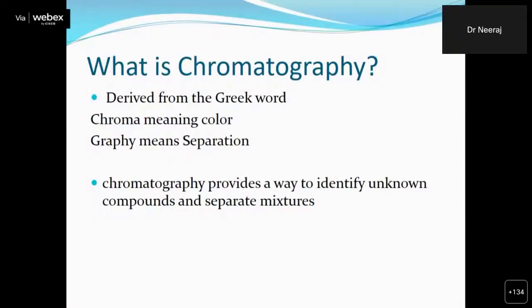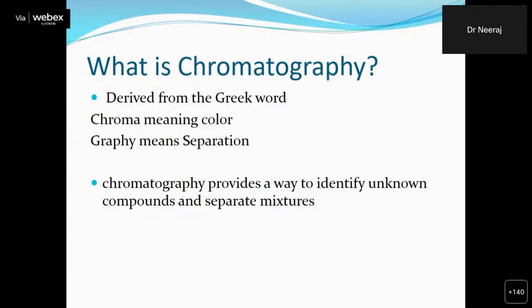So what is chromatography? As the name suggests, it's derived from the Greek words chroma and graphy. Chroma means color, and graphy means separation. So it can be defined as the separation of compounds in a mixture, mainly colored compounds.